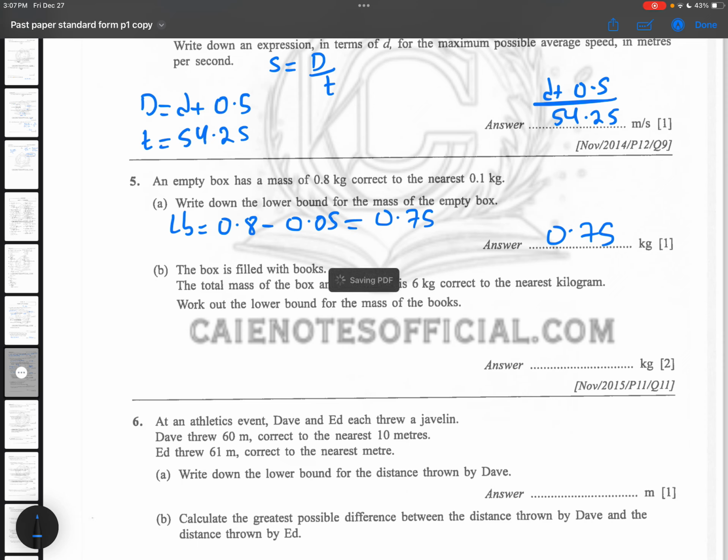We need to get the lowest possible value for the mass of the books. We will get the lowest value for the mass of the books if we have the upper bound for the mass of the box. If the mass of the box is maximum, then the mass of the books will be minimum. So let's get the upper bound of the box.